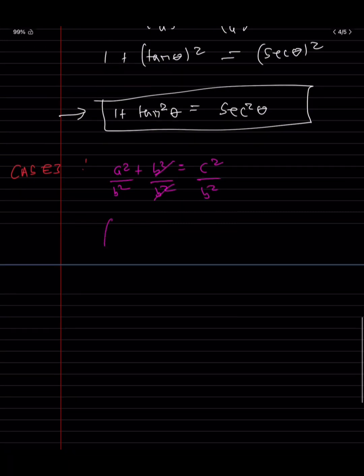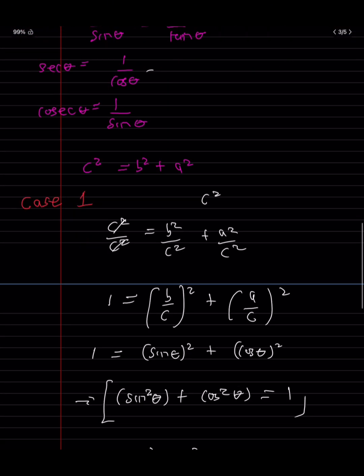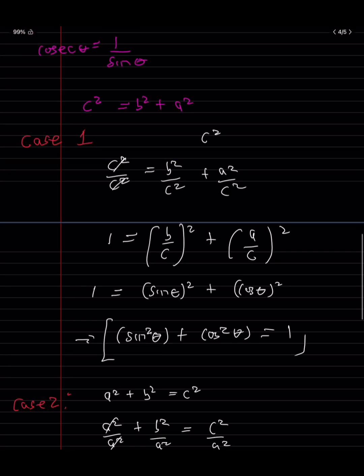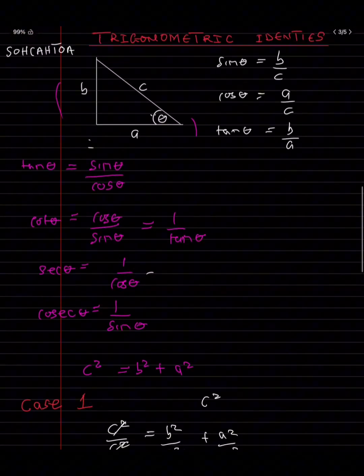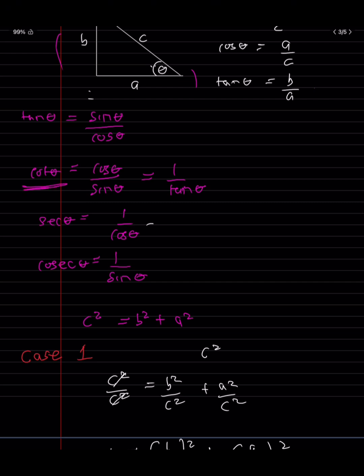Now we have (a over b) all squared plus 1 equal to (c over b) all squared. Let's compare it with the trigonometric ratios that we have here. What is a over b? We don't have a over b, but we have b over a, which is tan theta, so a over b is the reciprocal of tan theta, which is cot theta.